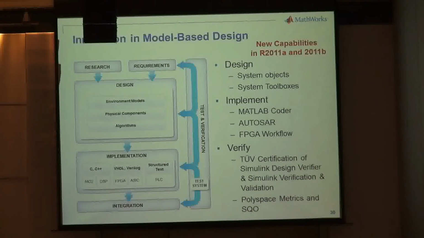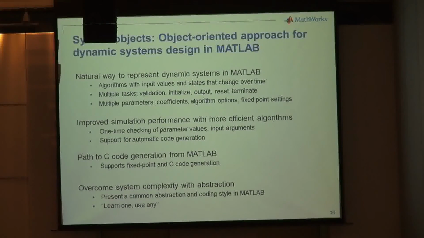So at a very high level, these are some of the things that we've added. Now I want to talk briefly about some of these capabilities. We're going to talk a lot more about this, and we're going to see these capabilities in action in the sessions today. All right? But the first capability, a very exciting capability, is called system objects.